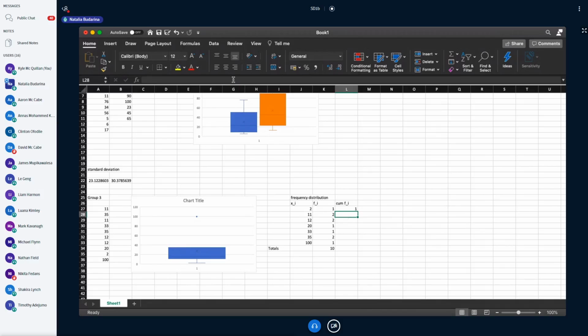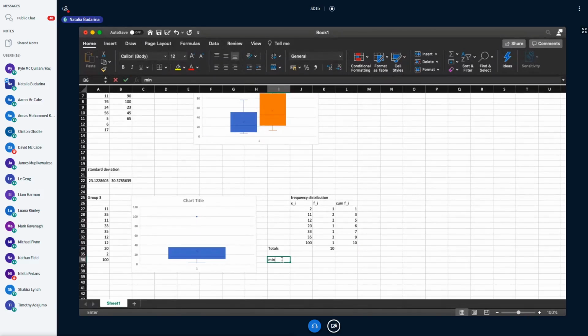The next will be equal to the sum of the current frequency plus the previous frequency. Now if we scroll this down, the last number will be 10 here. So we have this. Now we start to calculate all these values.